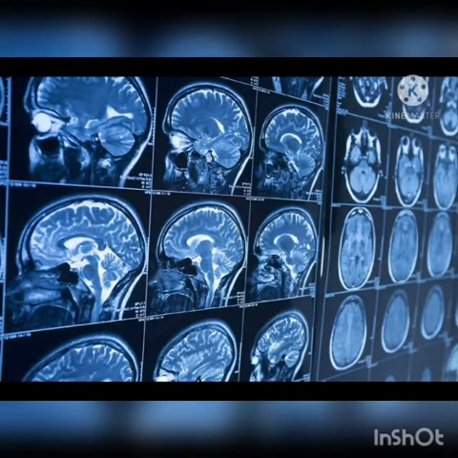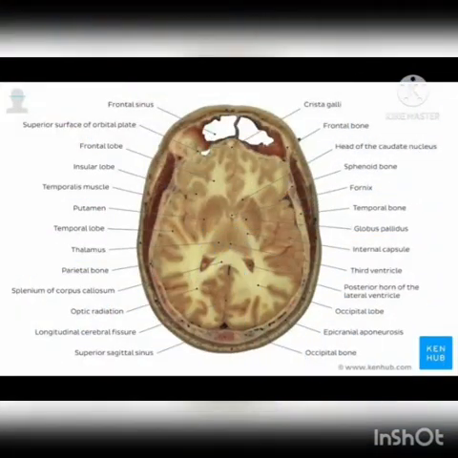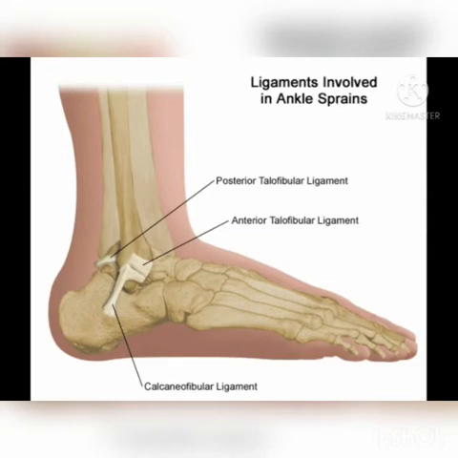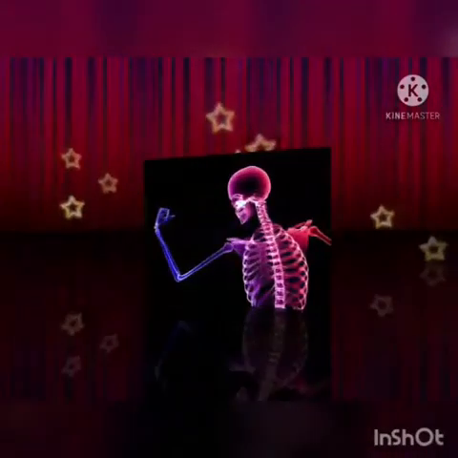Then of course, I have already mentioned the computerized tomography and MRI images. With the help of MRI images and computerized tomography, you would also be able to appreciate the soft tissues, whereas in a normal plain radiograph you will be able to appreciate bones.